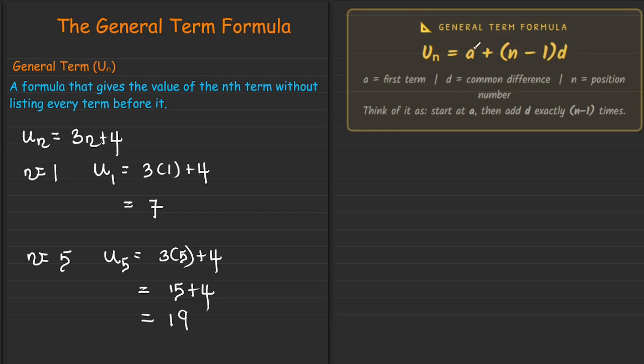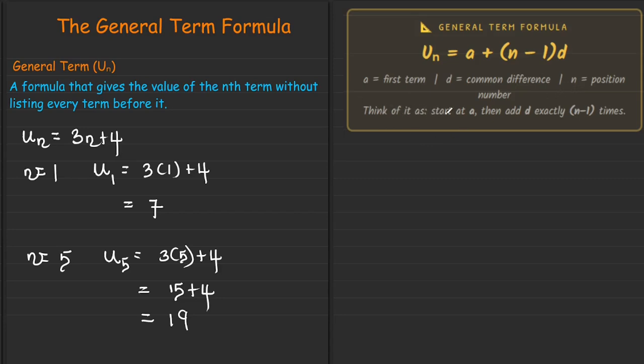And take note, the a we have over here is the first term of the sequence. The d, on the other hand, is the common difference, and the n is the position number. The position number here would mean if you want your first term, n becomes 1. If you want your third term, n becomes 3. If you want your 10th term, n becomes 10.